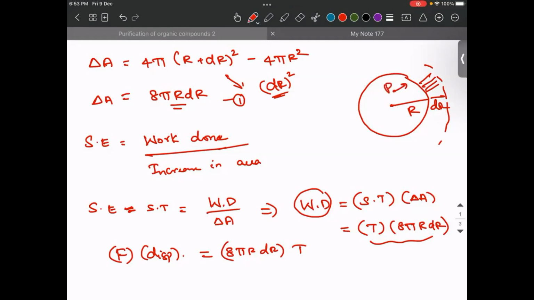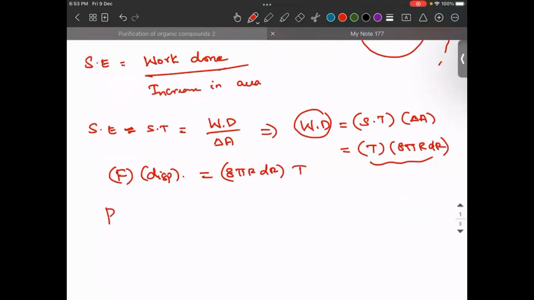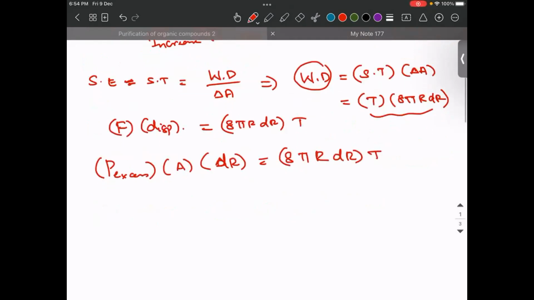Understand there is an excess pressure inside due to which the liquid has actually taken the curvature. So P excess multiplied with the area, multiplied with the displacement of dr, is equal to 8 pi r dr multiplied with the T.